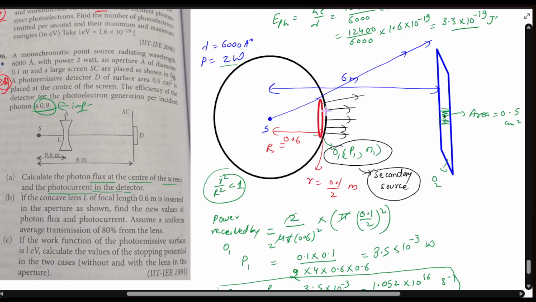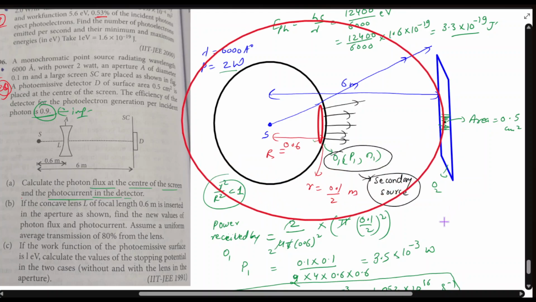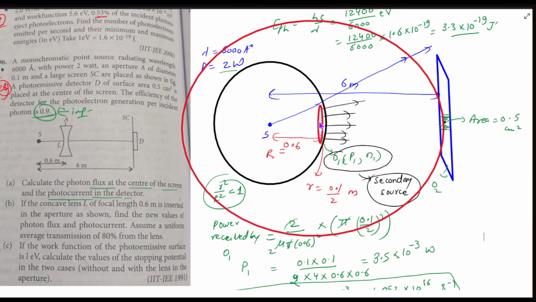It should look like this, and this will be the center of that. Now this distance is how much? It will be 5.6 minus 0.6, so it will be 5.4 meters. So this distance will be 5.4 meters.